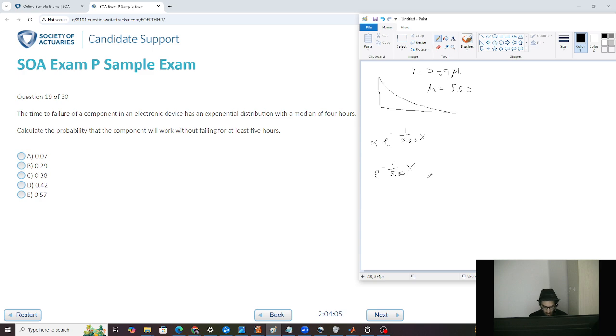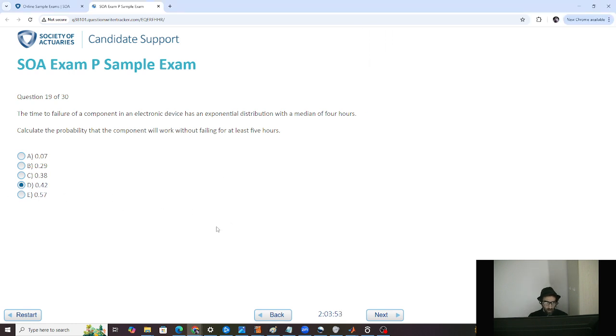E to the negative 5 over 5.80. And I'm getting a 42% survival rate. Does that make sense? Half the time it lasts 4 hours. That means a quarter of the time it lasts 8 hours. If we were to linearly interpolate and approximate that way, you figure it loses like 8-ish% per hour. Yeah, okay.